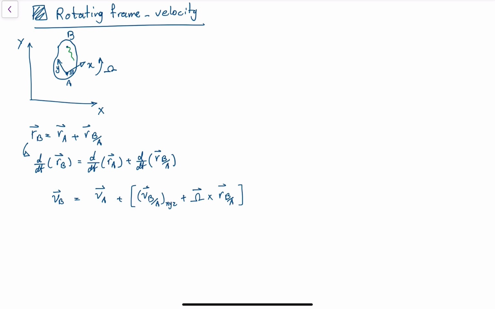So V of B equals V of A plus whatever relative velocity exists.